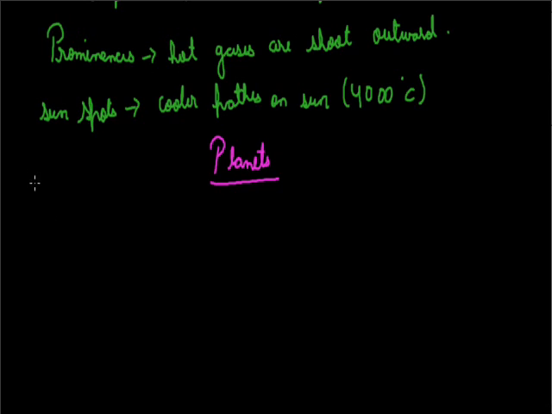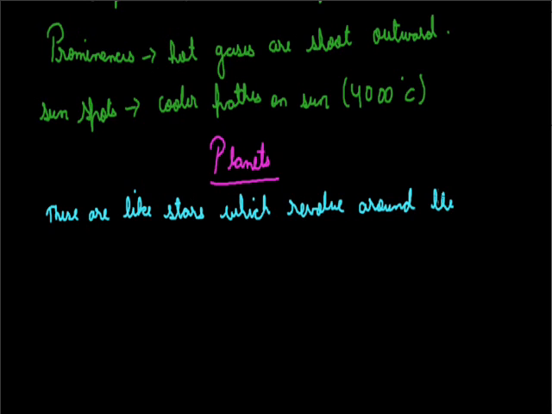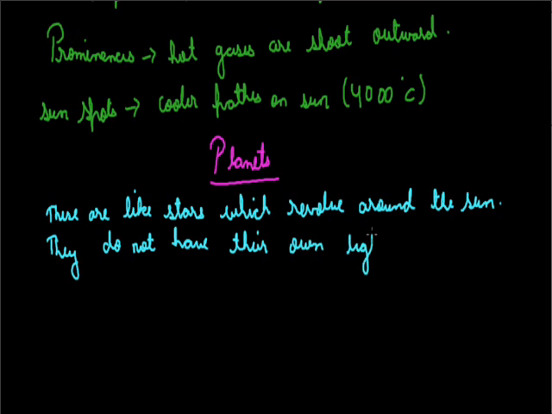They also look like stars, but they do not have their own light. These planets only reflect sunlight and they all move in elliptical shaped paths called orbits around the sun.